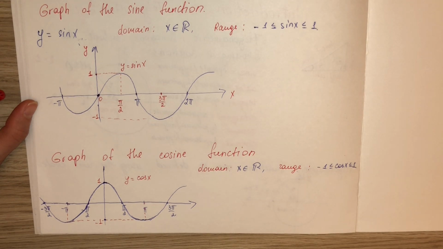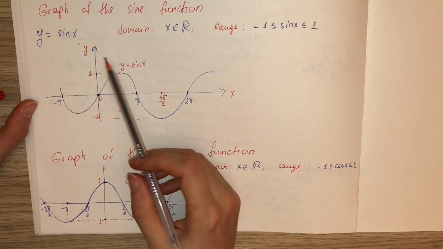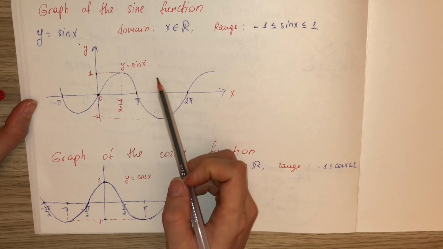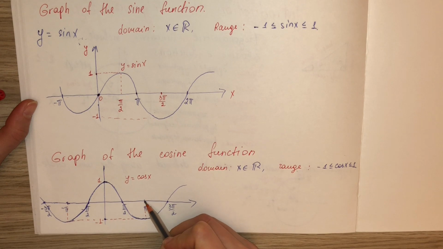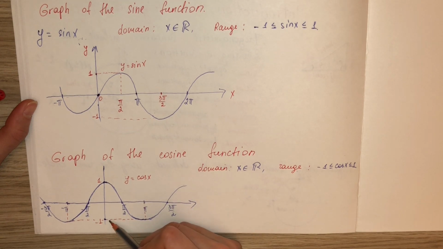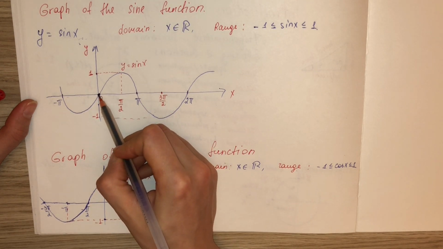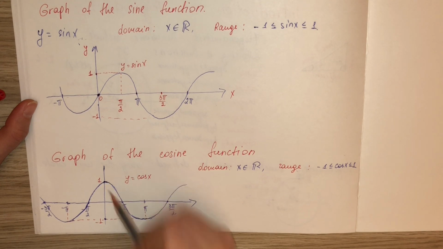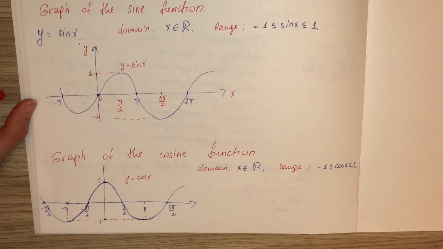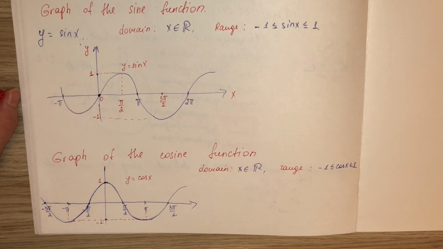But while sine x gets 0, at this point the cosine x gets -1. Okay, while sine gets 0, the cosine gets 1. This is the difference between sine and cosine functions.